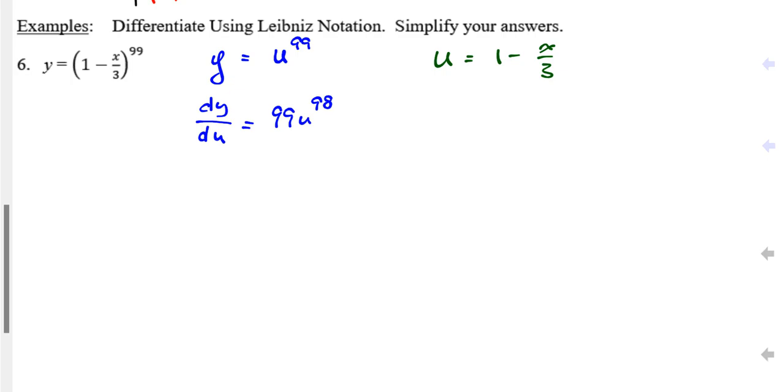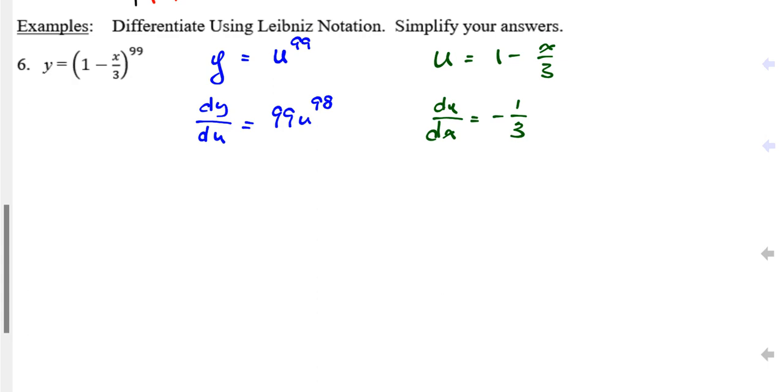Yep. du dx is going to be negative 1/3. So the u function is linear, right? And so we could just look at that. We have b plus mx. But m is a negative 1/3, right? So that's the slope of the tangent line.